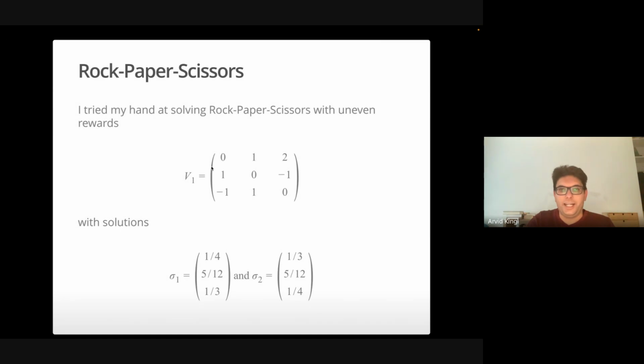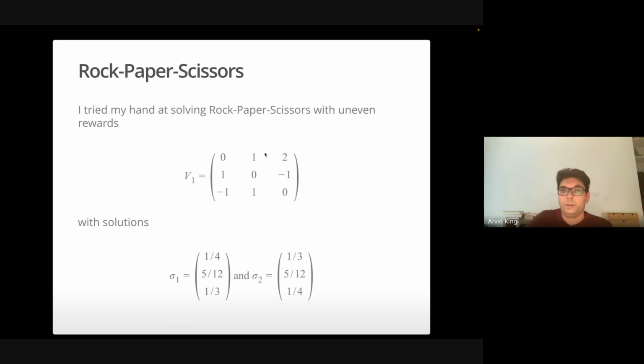Sorry, small interlude. I was actually trying it myself on a rock paper scissors game, but rock paper scissors is relatively easy to solve because of the very strong symmetry. You can just relabel them, and so they must all have the same probabilities: a third, a third, a third.